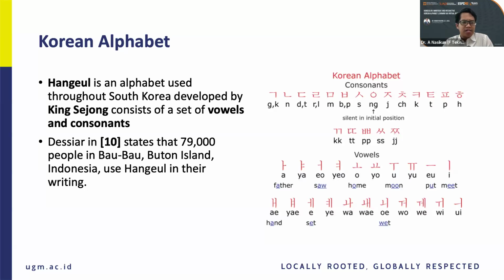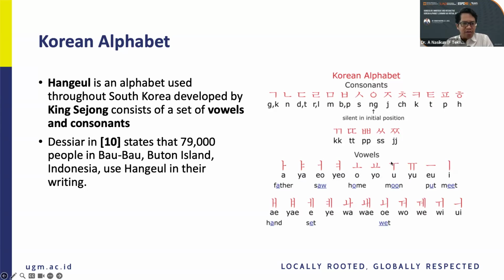Hangul is an alphabet used by South Korea that was developed by the very well-known King Sejong, and it consists of a set of vowels and consonants. So they need to know what the vowels are and what the consonants are.